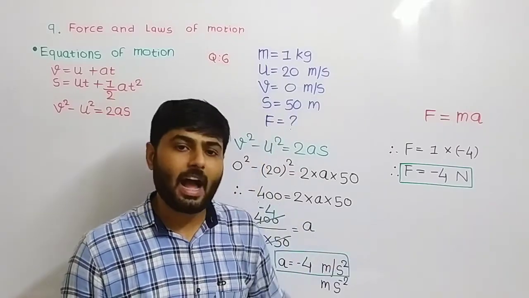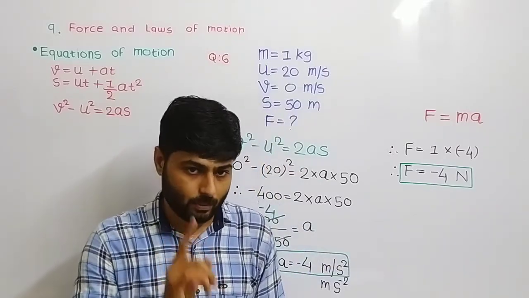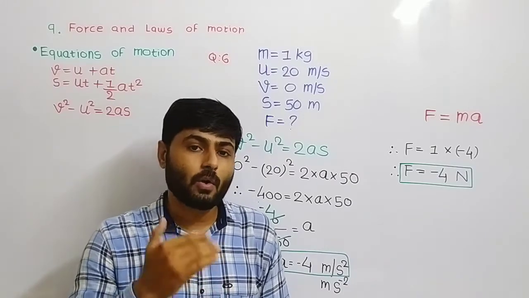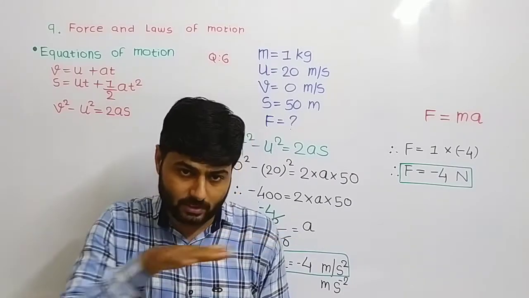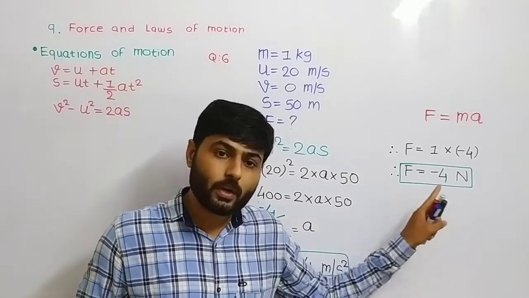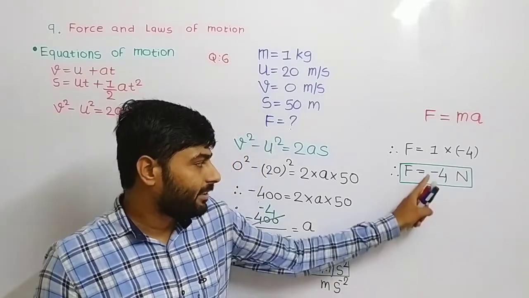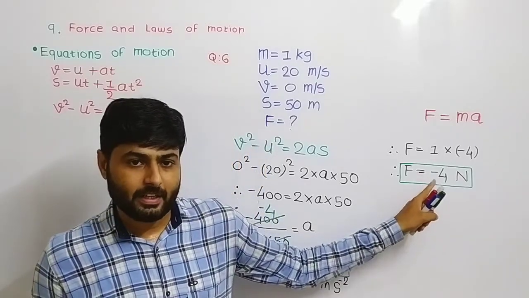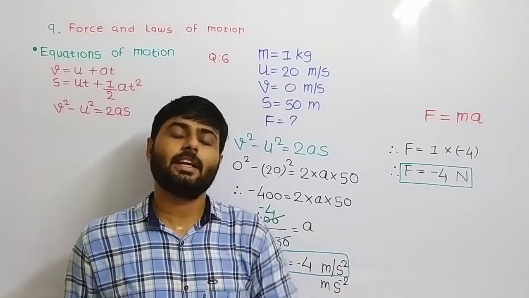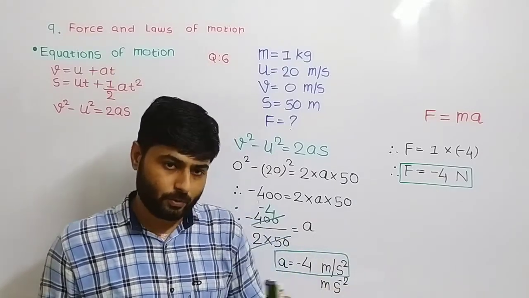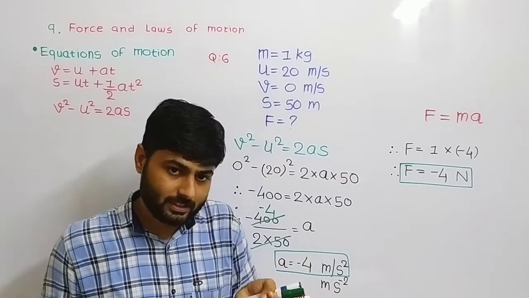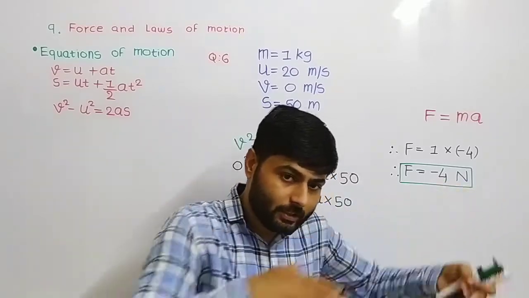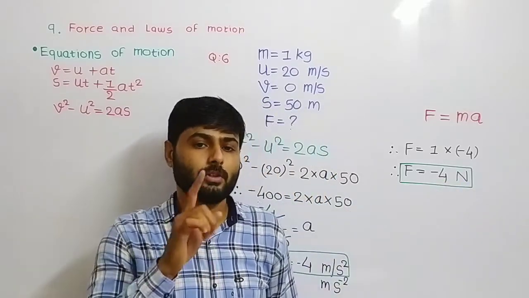In the end I have to write that the force applied on the stone by the surface is 4 Newton, and this negative sign is for opposite direction, which means the force applied by the surface is opposite to the motion of the stone.